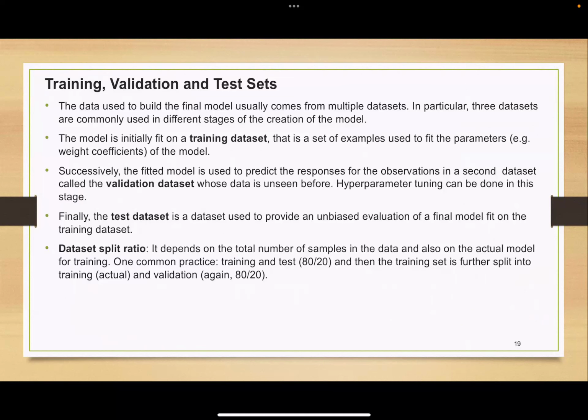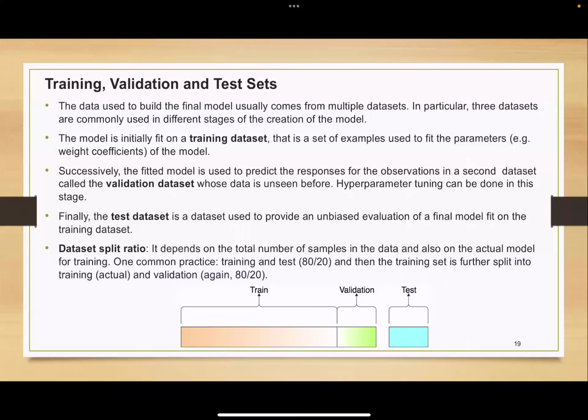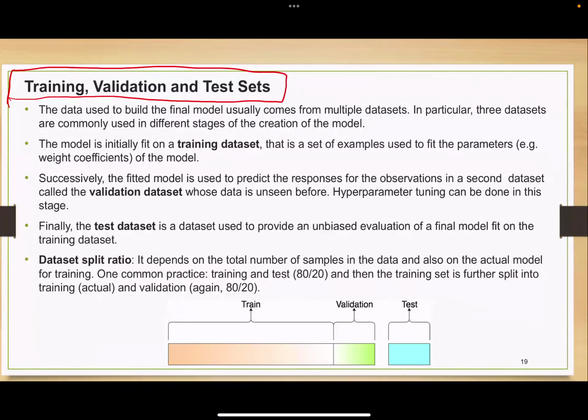And then here is the important thing about cross-validation. This is a very important concept in machine learning. Usually we have three data sets when we are doing machine learning training. One is the training set, one is the validation set, and one is the test set. If you still remember in the lab, I've also mentioned just now, we use train_test_split.